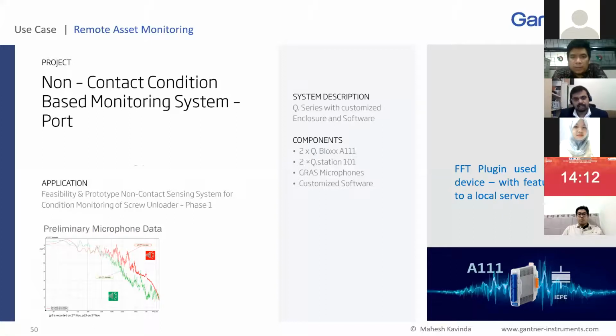On the other hand, since the question was about non-contact condition-based monitoring applications, one was with one of the gearbox manufacturers in Indonesia, Cikarang. They typically use ears and handheld noise meters.